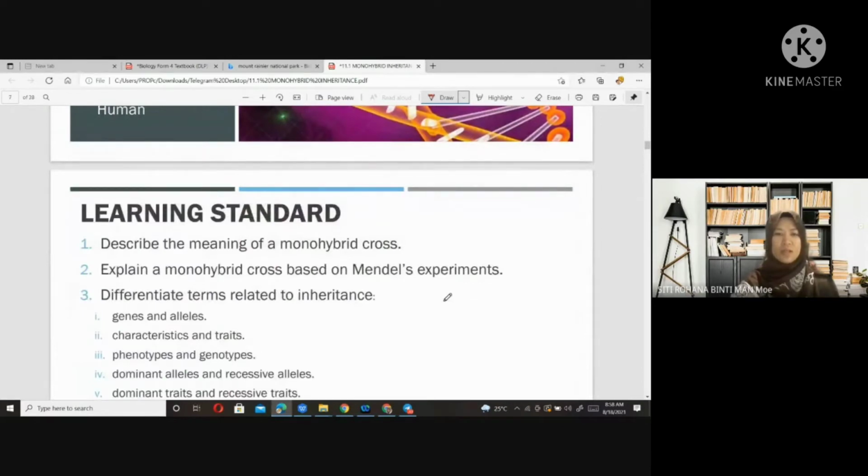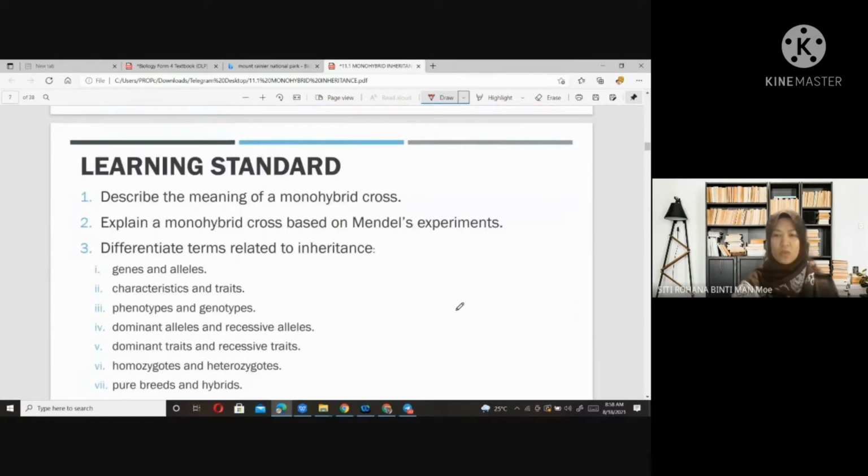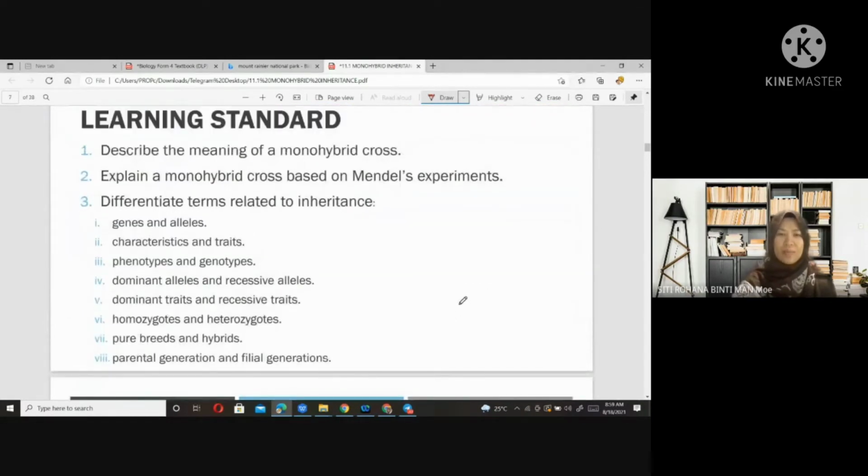So these are the learning standards. Okay, you all kena faham. Bila dah habis syllabus setiap satu bab tu, tolong check balik. Boleh faham tak setiap satu? The first one, describe the meaning of monohybrid cross.